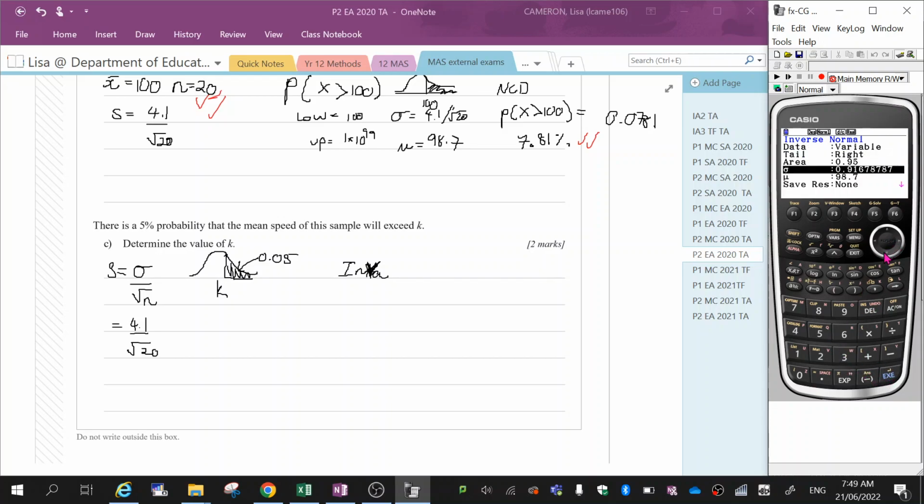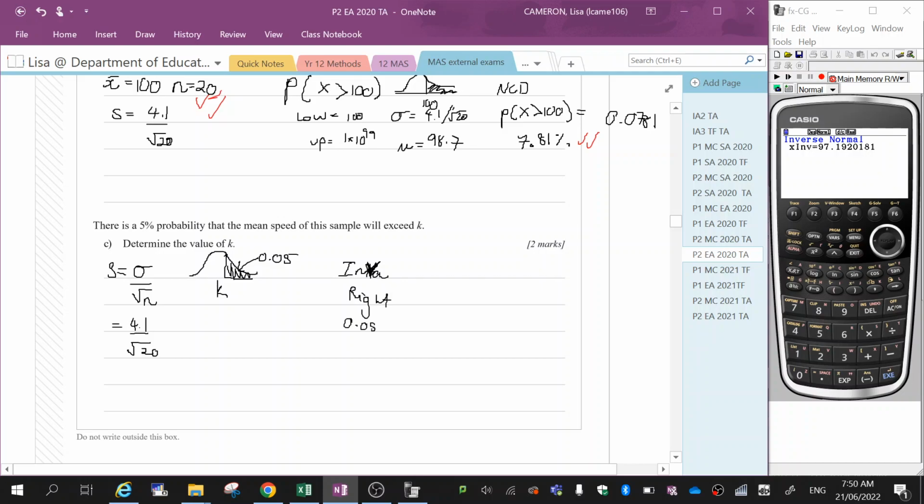Then our standard deviation and our mean are going to be the same as last time. So 0.05, S equals this, and our mean equals 98.7, and that gives me K equals 97.12 kilometres per hour. Okay, and that's your final answer.